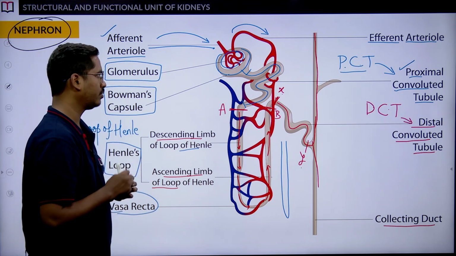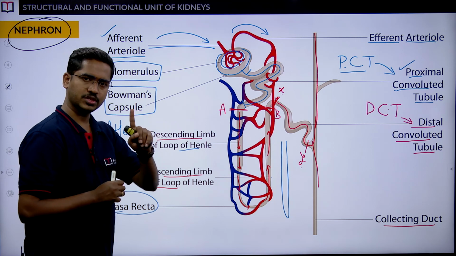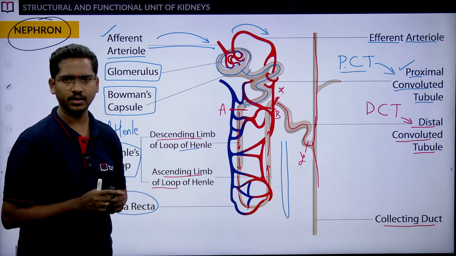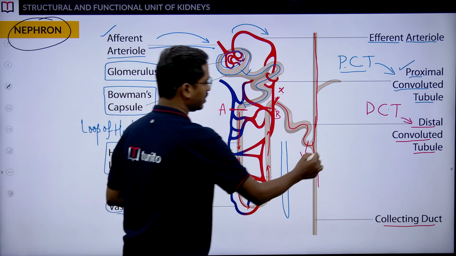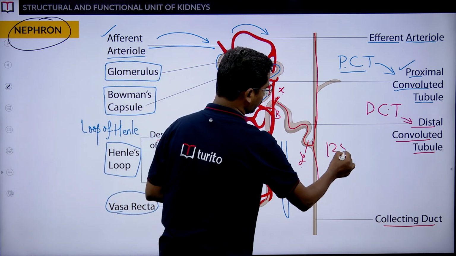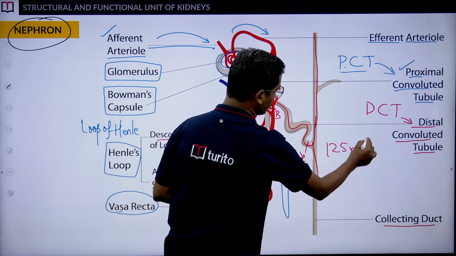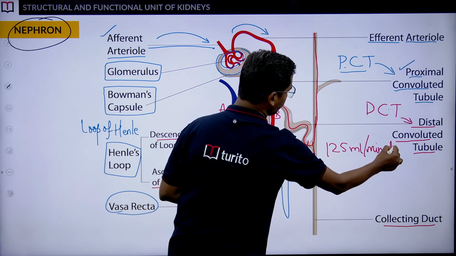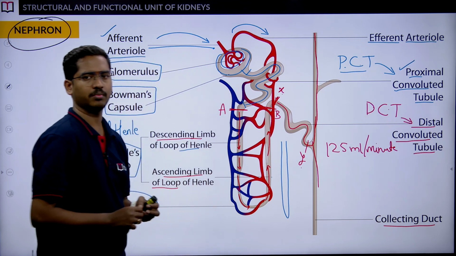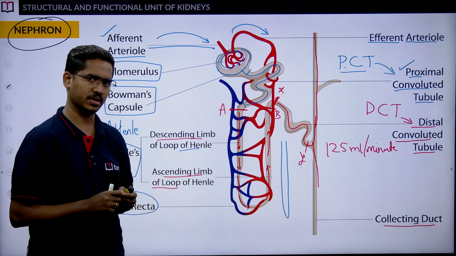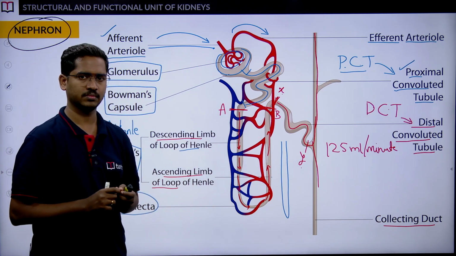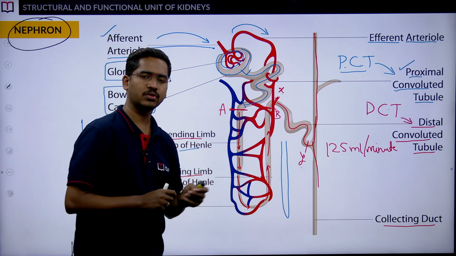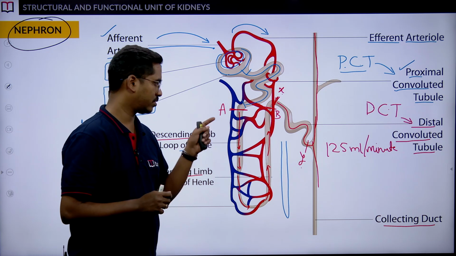Through this one structure, every minute 125 ml of the substance passes. You can imagine per day how many milliliters pass through it. That makes around 180 liters of fluid passing through it.